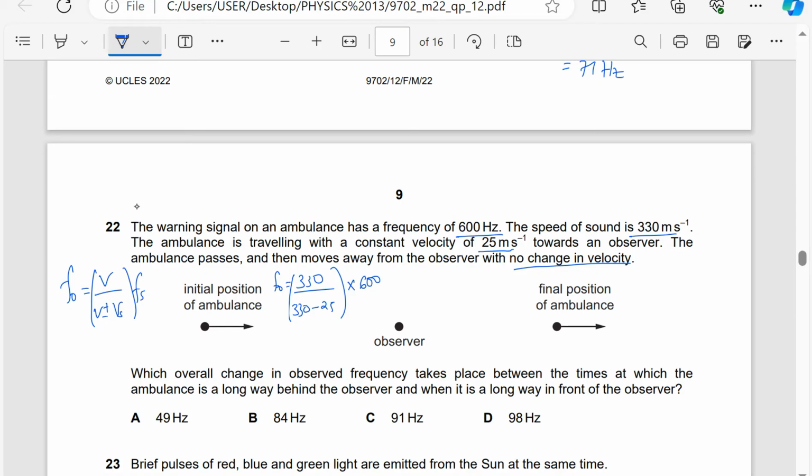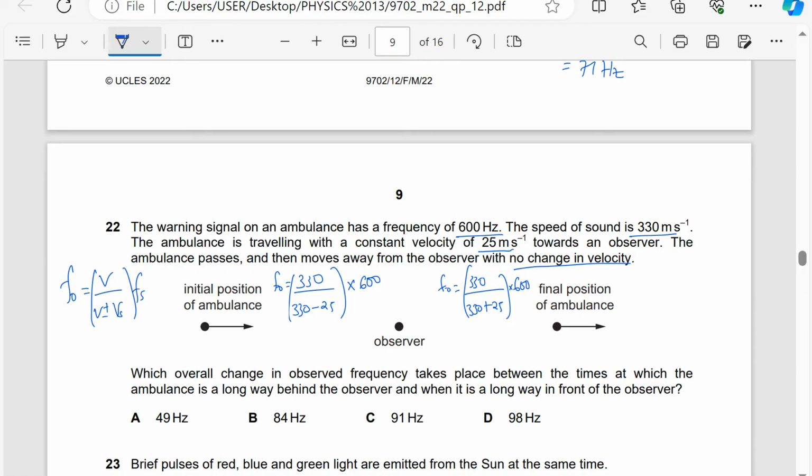Then this part, when it moves away, the observed frequency is going to be equal to 330 divided by 330 plus 25, then times 600. So towards, the frequency is higher, away the frequency is lower.